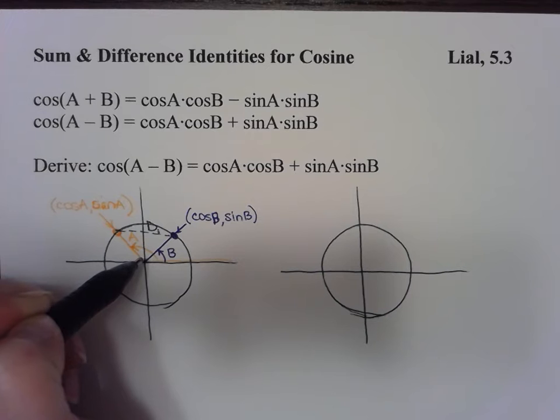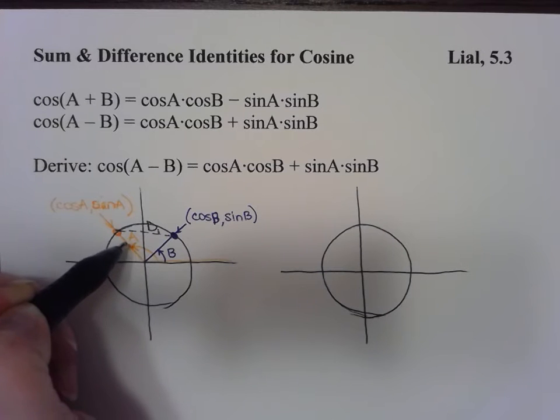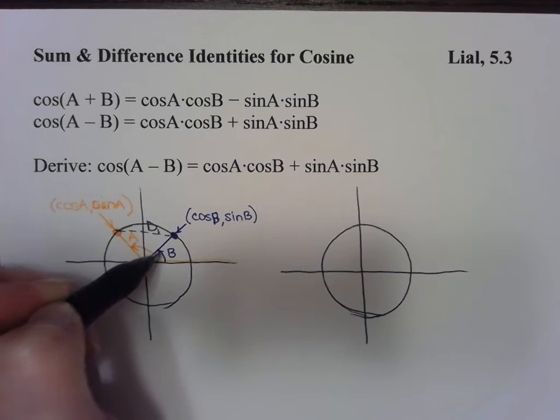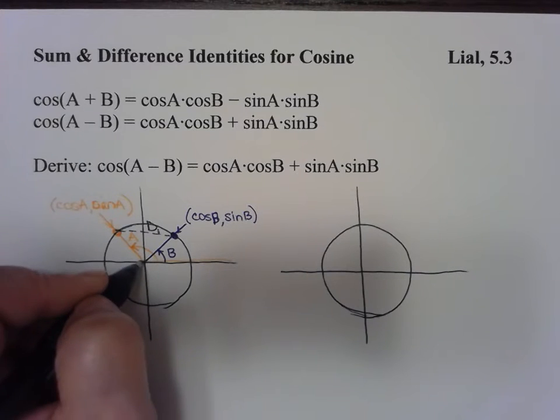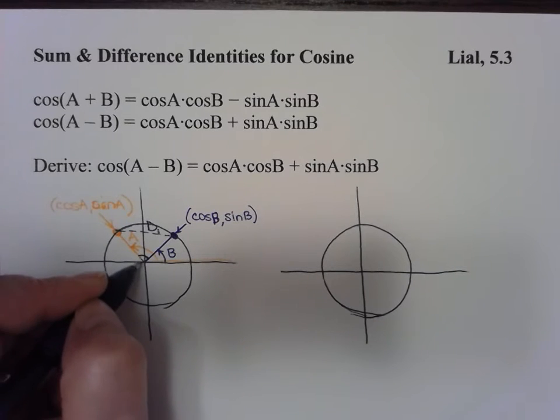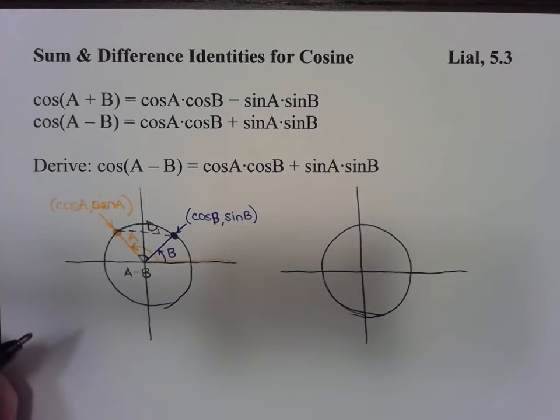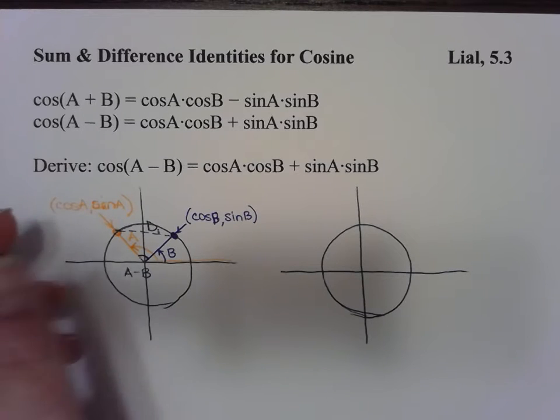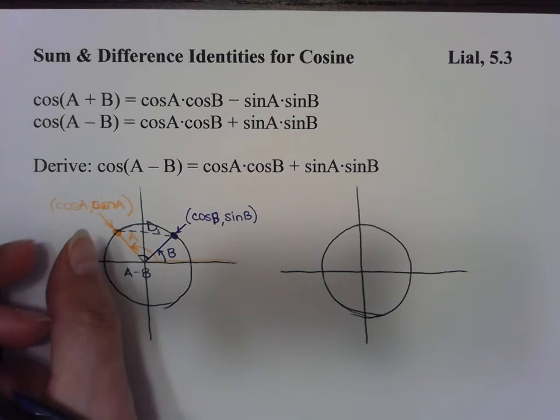The angle here between A and B is going to be the angle A minus B. So from here to here is actually the angle A minus B. This is one diagram that we're going to use.